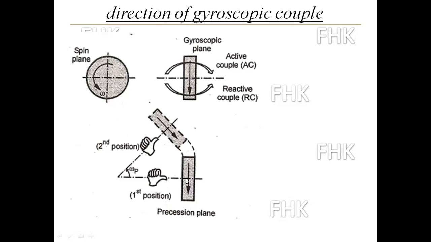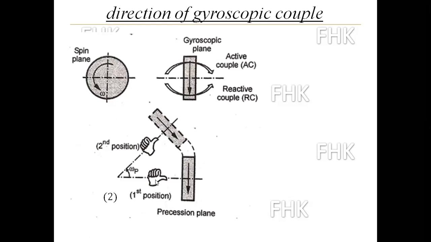Then the precession is taking place around the bearing A, and it is in anti-clockwise direction. Precession is taking place in anti-clockwise direction, so this will become the second position.